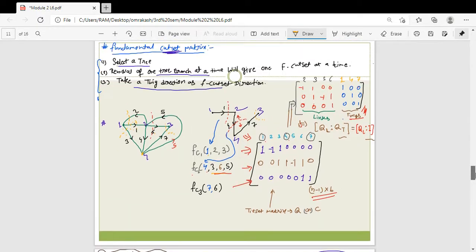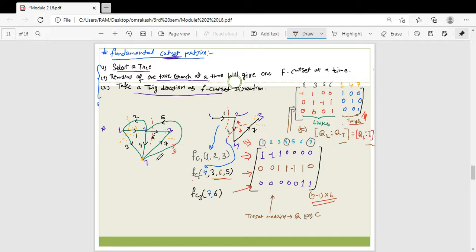Okay, now the same way, you have to select all these branches. First of all you have to select the tree, and this is up to you. What do you mean by tree? Tree is nothing but the number of branches connected to all the nodes without making a loop, right?